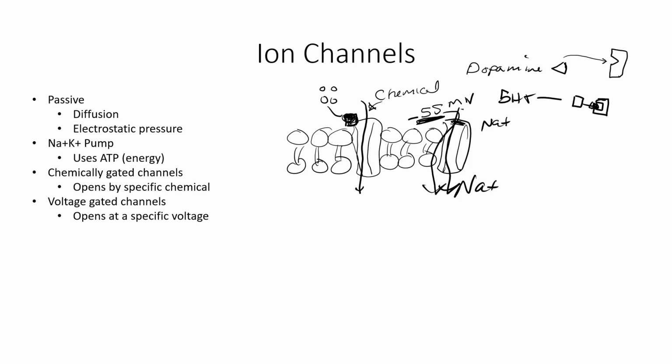And the voltage gated channels only open at a specific voltage. If the membrane is at negative 70 millivolts at resting potential, this will not open. The membrane has to get to negative 55 millivolts before this channel will open. We're going to talk more about those in just a minute.